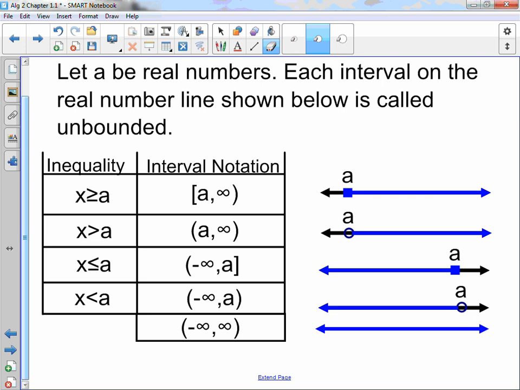Because if we have something called a compound inequality, where we have two unbounded intervals being combined, so if we took the top one, X is greater than or equal to A, and X is less than or equal to A, and combined those, we'd have the whole number line because everything would be included.